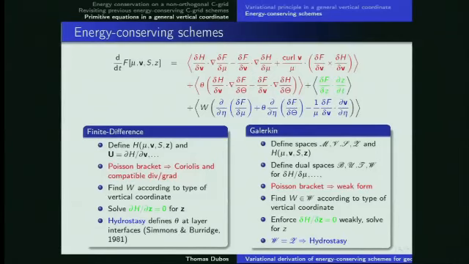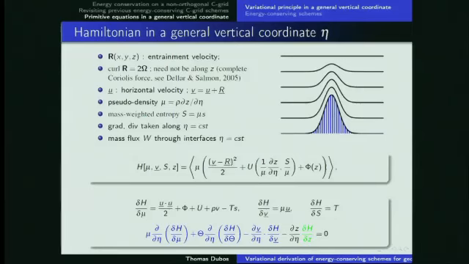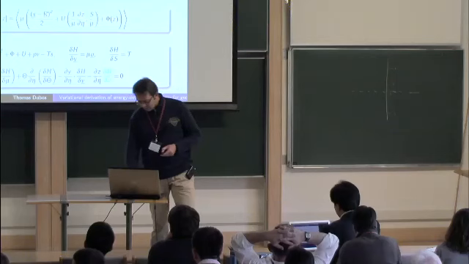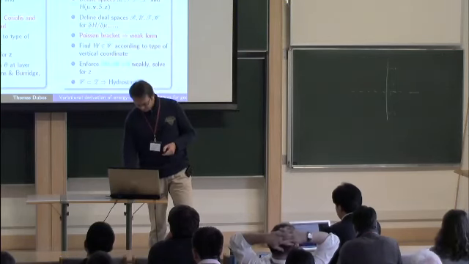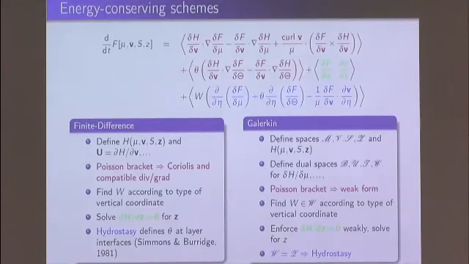And that comes from the vertical transport. And I don't think anybody has written that before. And this also vanishes because of that being proportional to this, and this is 0 due to hydrostatic balance. Okay, so now if I want to conserve energy, I will need to make this antisymmetric.